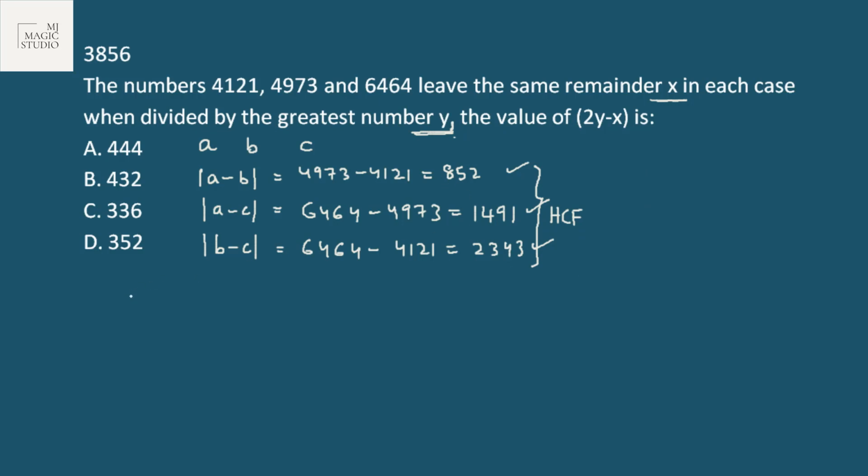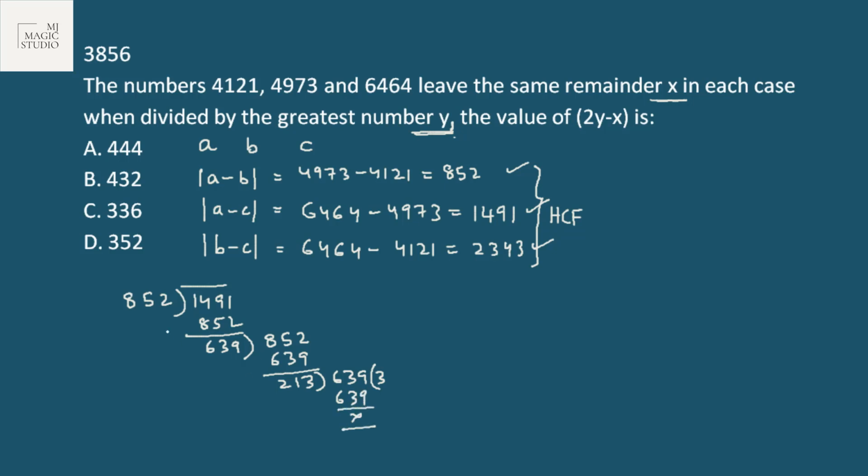Let's pick up the first two numbers, 852 and 1491. 852 goes once, and we will have 639 left. Then we divide 852 by 639, it will go once. What is left? 213. Now 213 will divide 639 fully 3 times. That means the common factor of 852 and 1491 is 213.